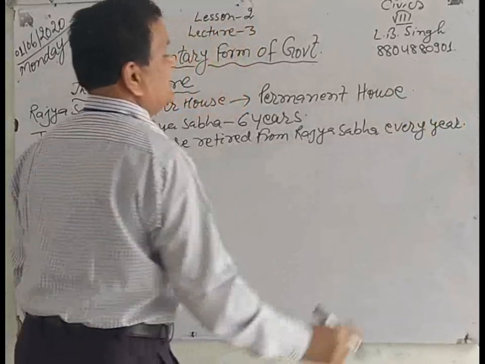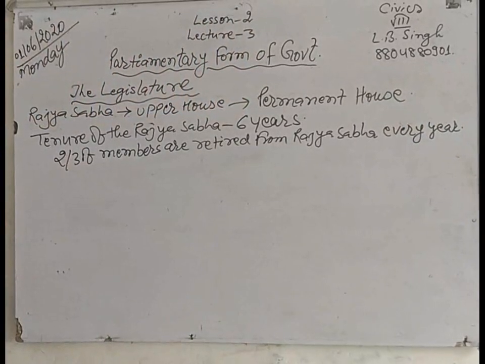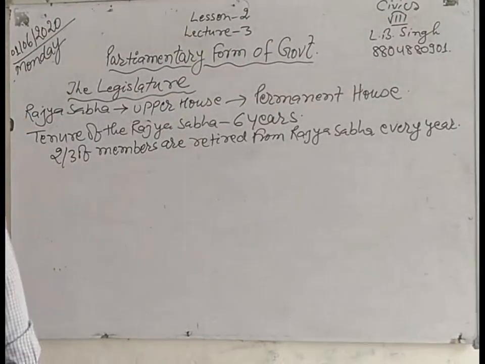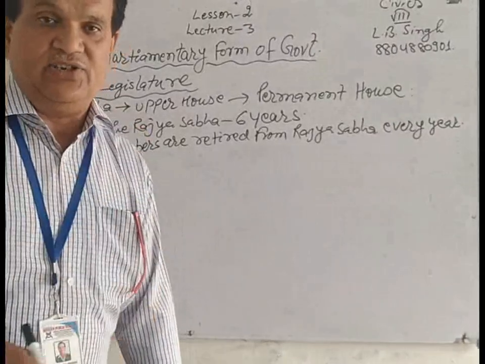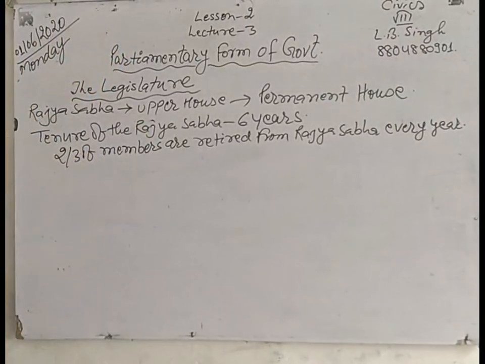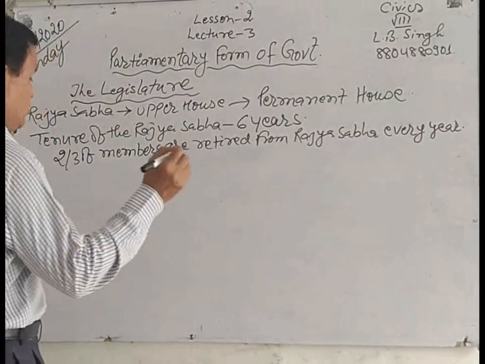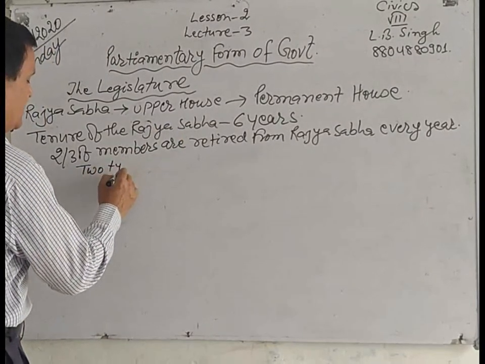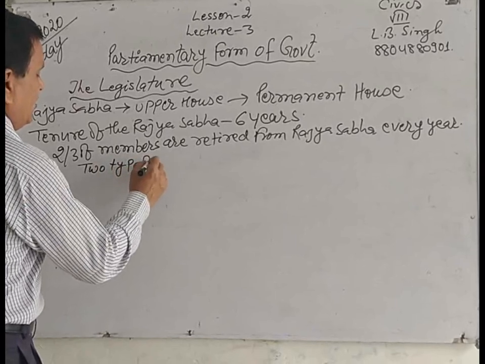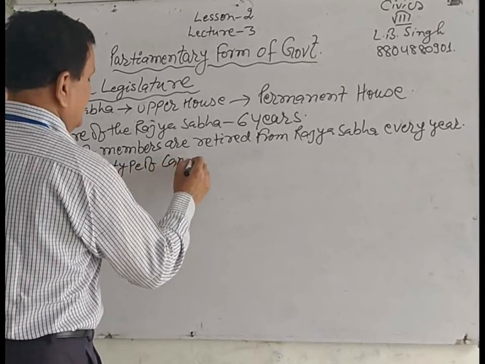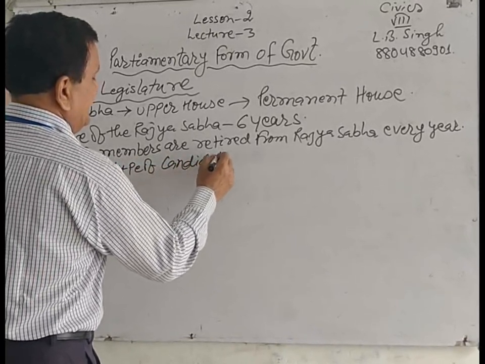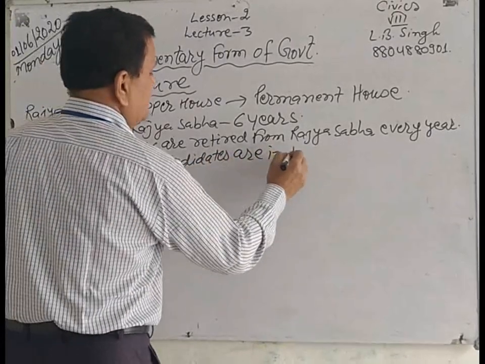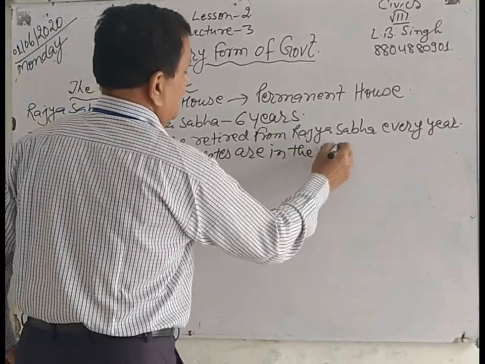On the place of retired person, there is different person elected in the house. That means 2 types of candidates are in the upper house.